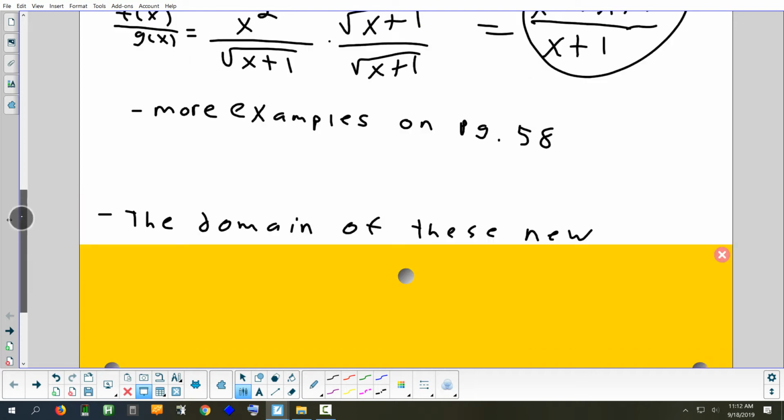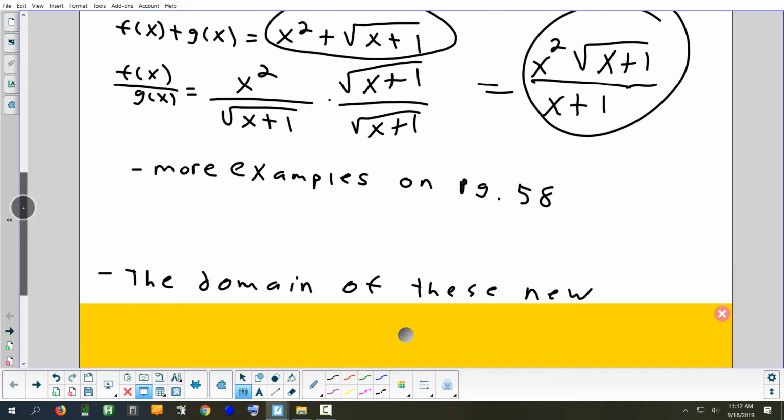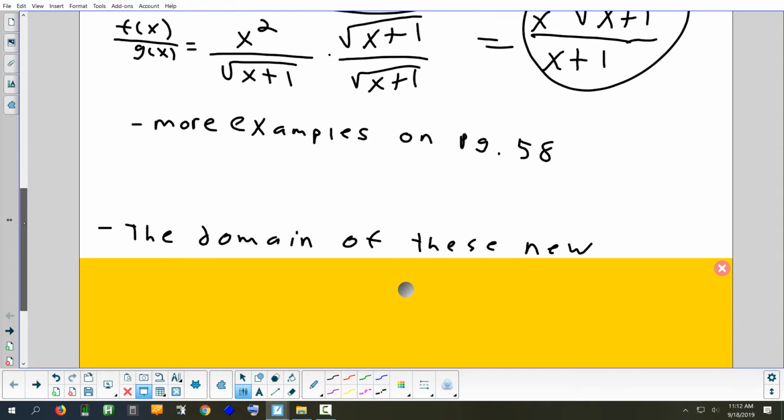So now, how do we figure out the domain of these new functions? Okay. Well, here's kind of the big idea. If these numbers represent the domain of f of x, and these numbers represent the domain of g of x, where do you think the domain of the new function that we created is going to be in that picture?